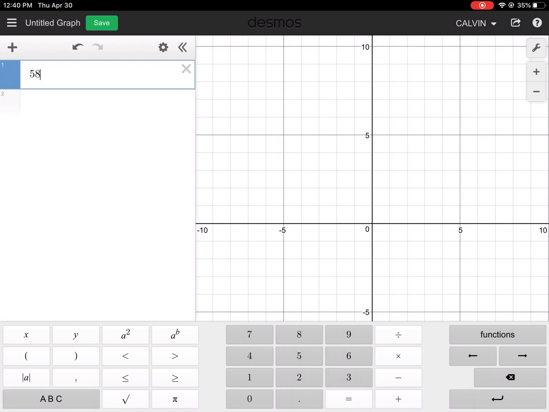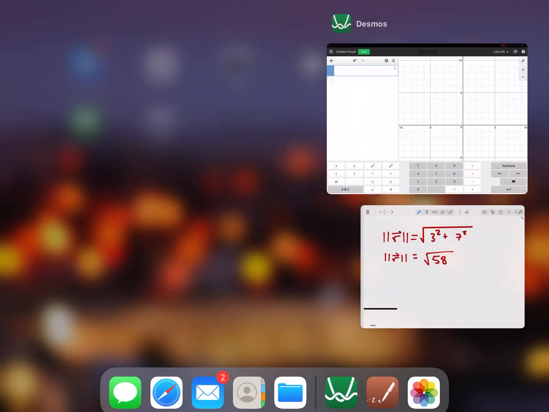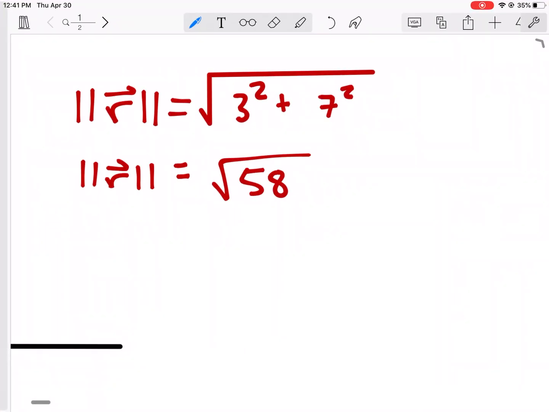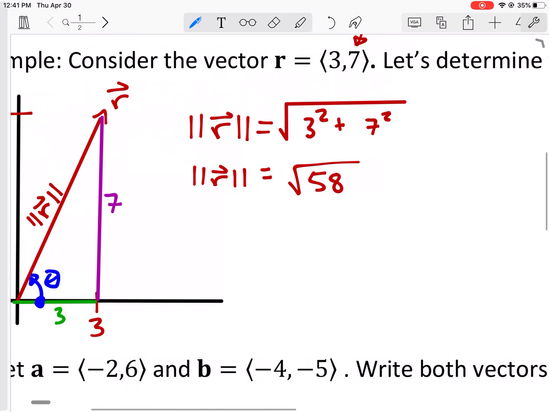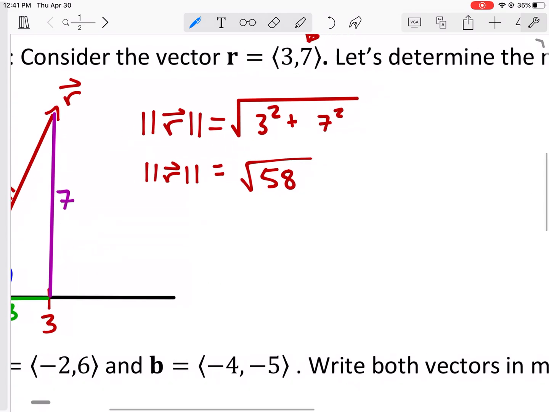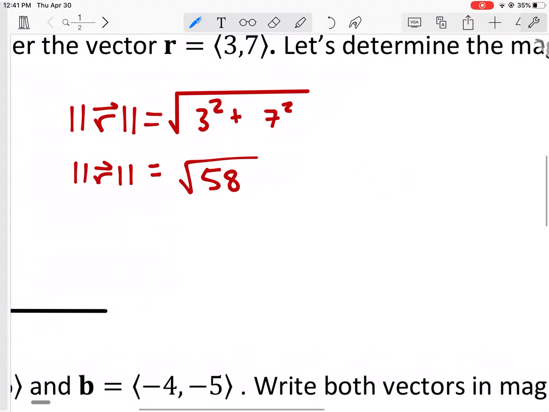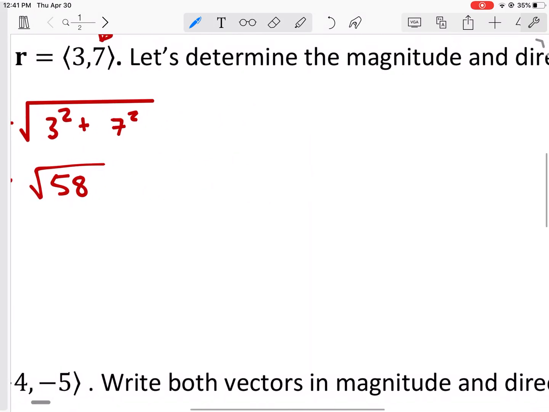Starting to see, no, 58 is not divisible by a perfect square. Therefore, this is not able to be simplified. So we have a magnitude of square root 58. You can approximate it as a decimal if you want, but I'll leave it as it is.